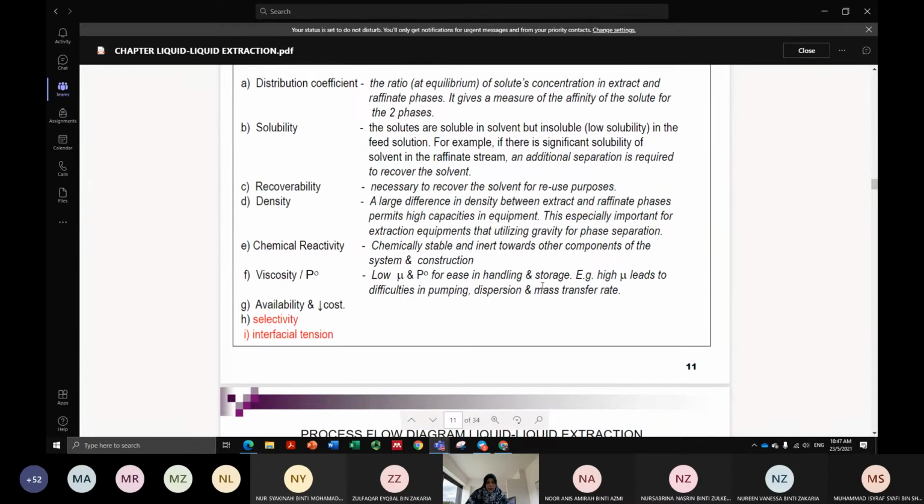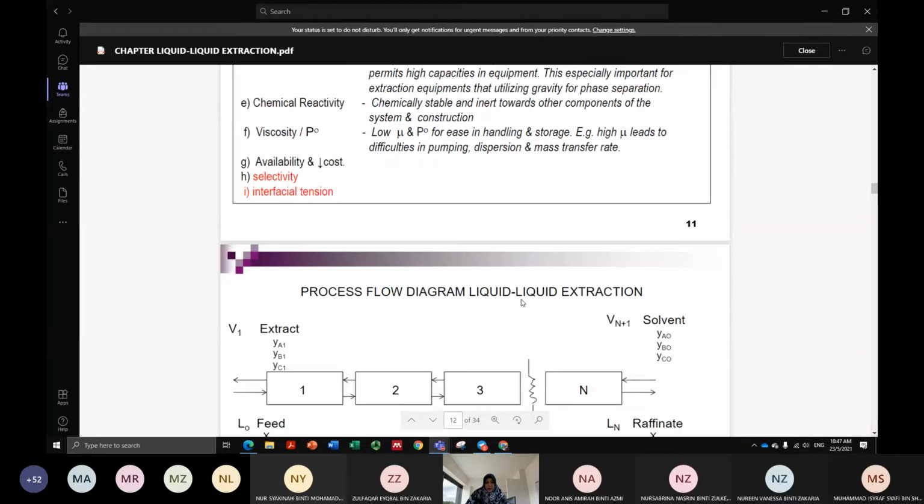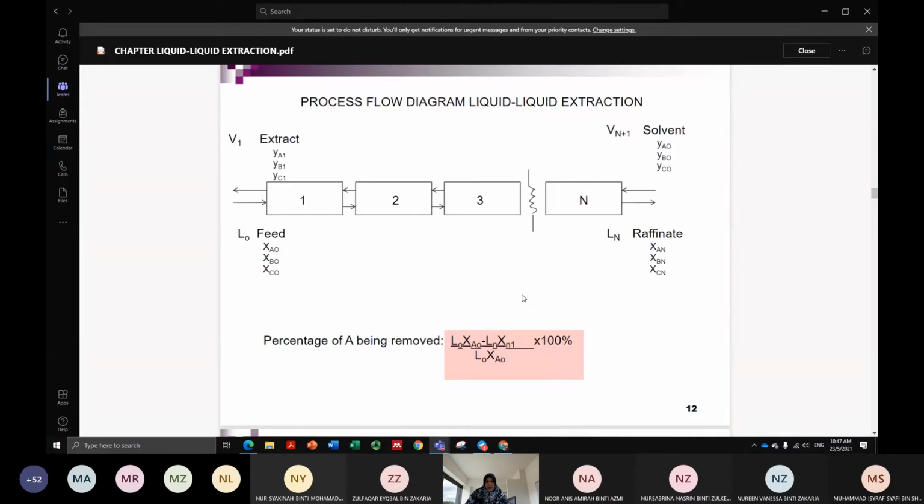These are the solvent key points that we discussed: solubility, chemical reactivity, viscosity, and availability. This is the last slide we discussed in the last class. This is the process flow diagram of liquid extraction.